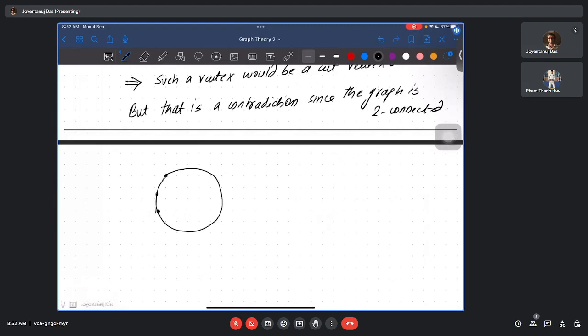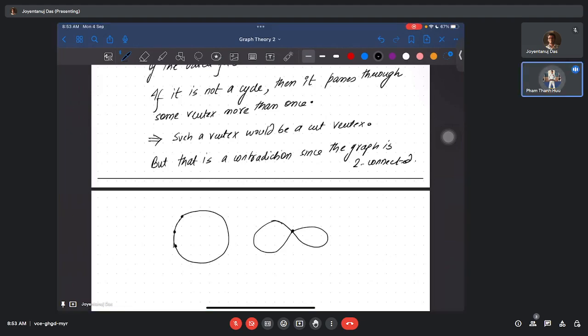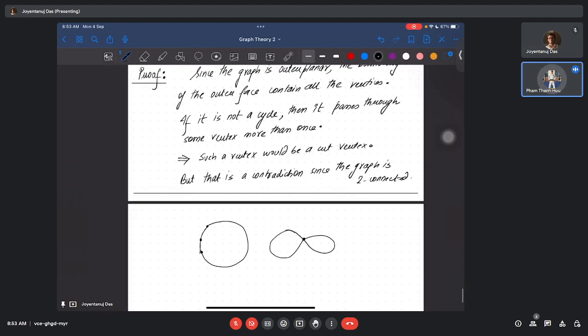It is entering and going out. Now, if it is not a cycle and it is using all the vertices, then it should pass through a vertex more than once. It should happen like this, some type of this. It passes through a single vertex more than once.